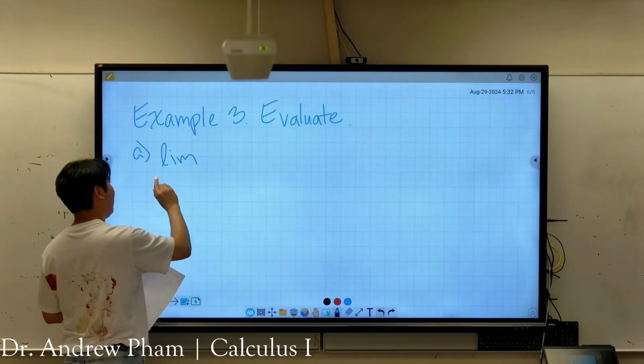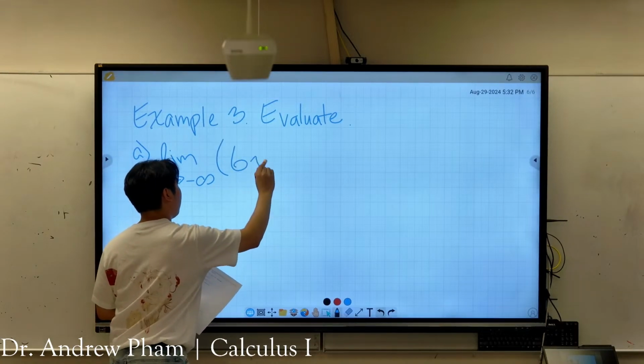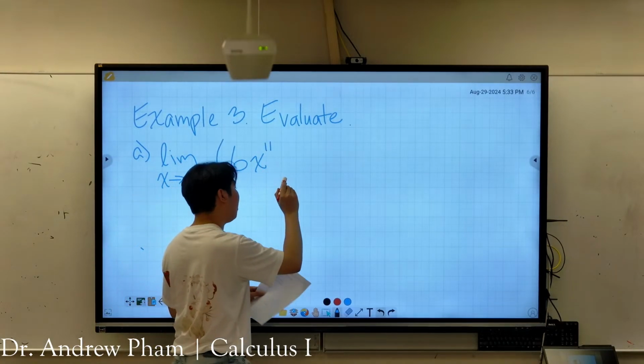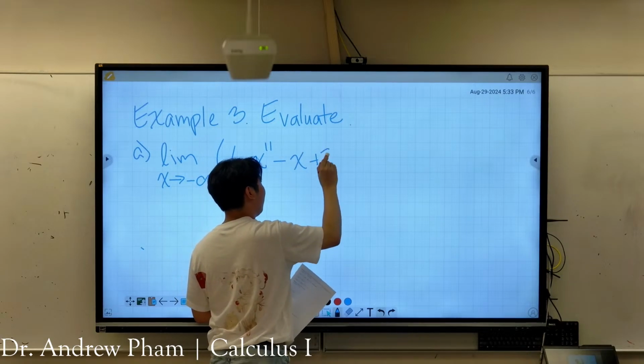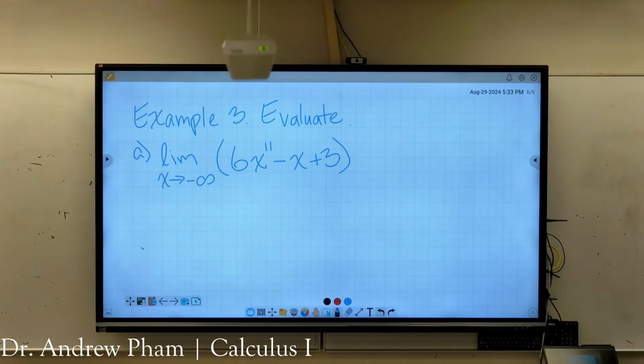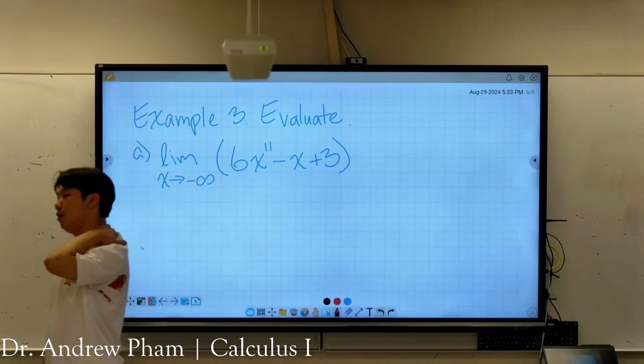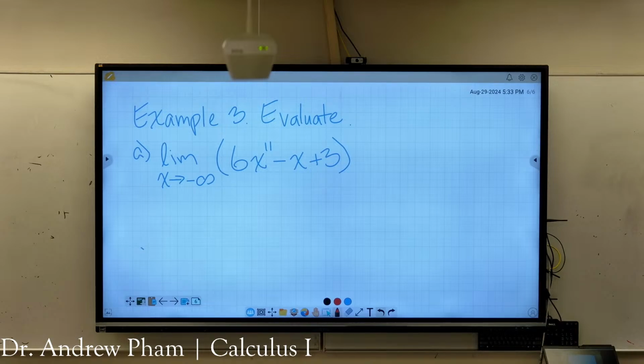Let's do the limit as x approaches negative infinity of 6x to the 11th power minus x plus 3. Question is, how can I evaluate this? What rules? Obviously, for our first time, we'll talk it out. What's the first rule that I can probably apply from that list of A, B, C, D?